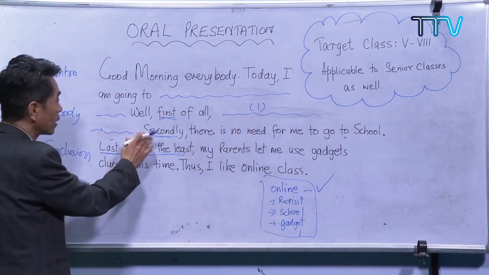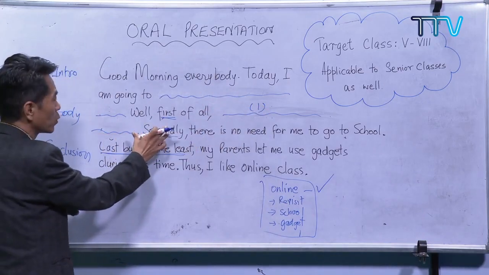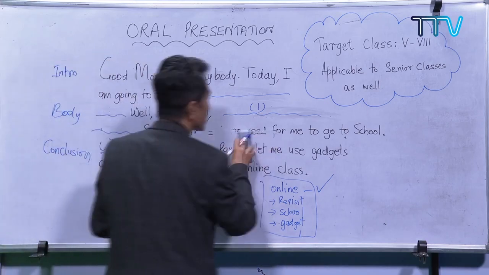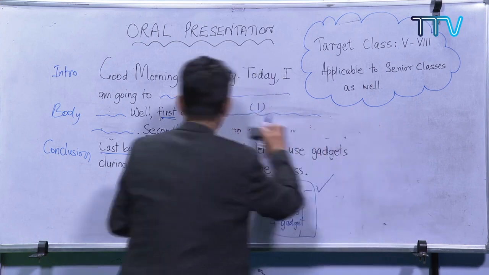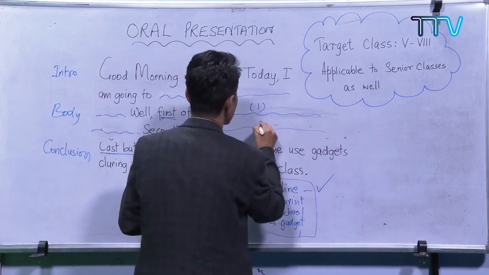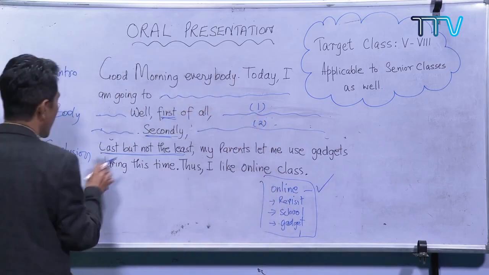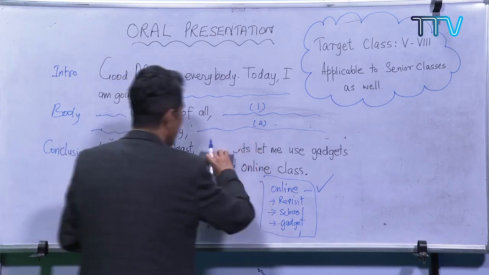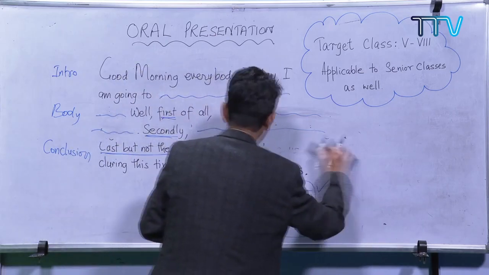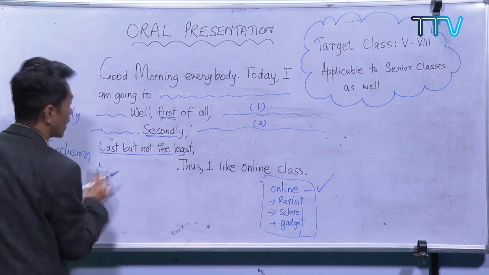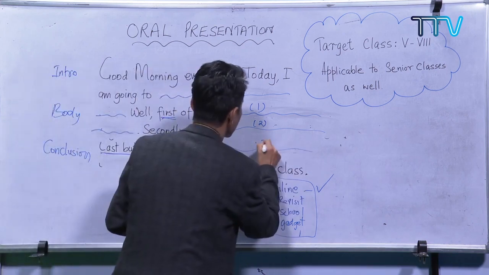You keep the secondly, because you are not supposed to disrupt the structure, and you can change this. You can come up with your second argument or second supporting detail. And then last but not least, you keep this. You can change. You can come up with your third supporting detail. This is the third one.